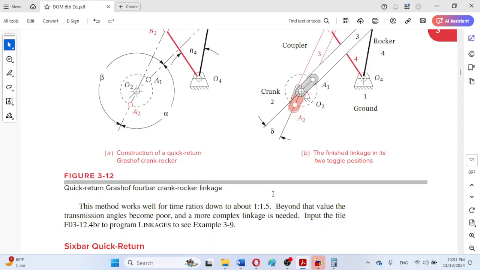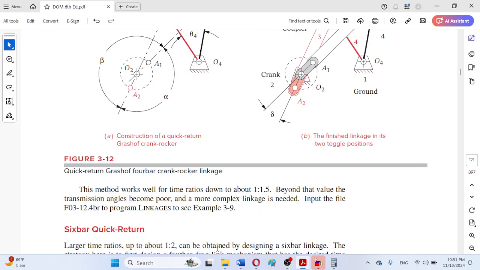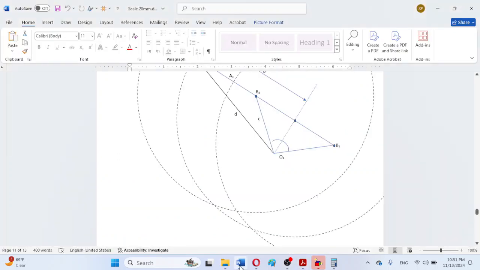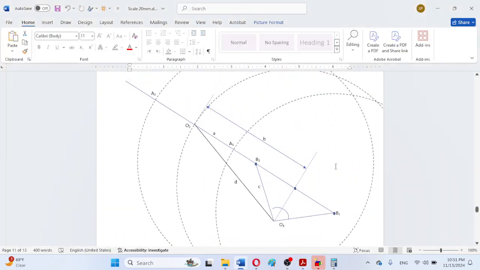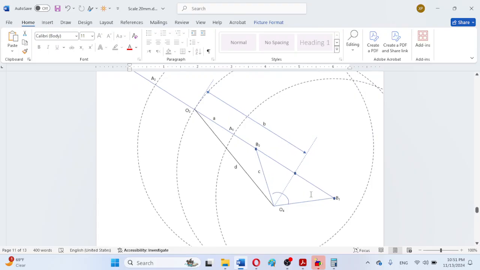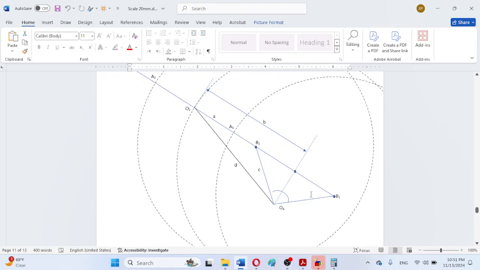So this is the brief procedure, but now I can explain it on MS Word. As for quick return and non-quick return, I have described this procedure, so I can copy the complete necessary sketch onto another page.